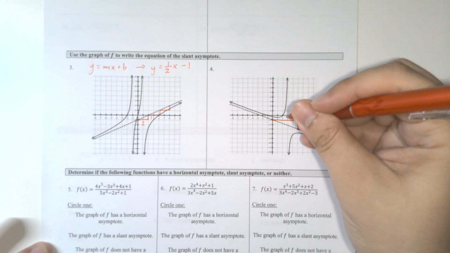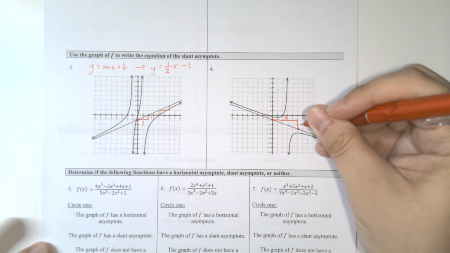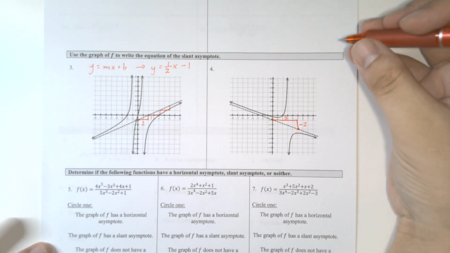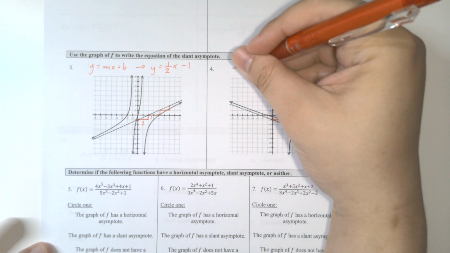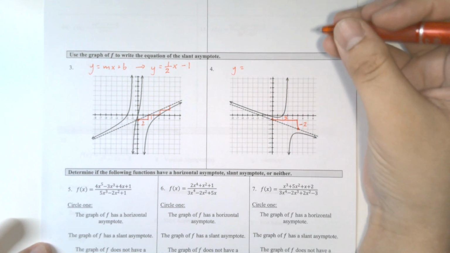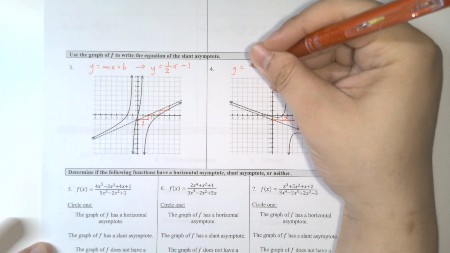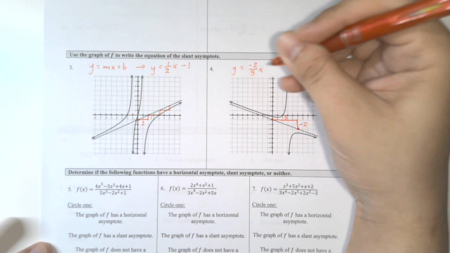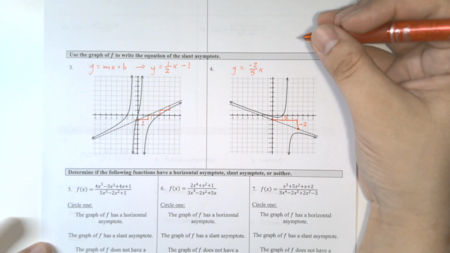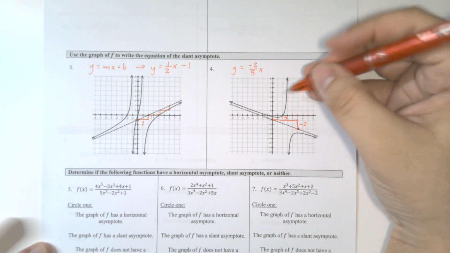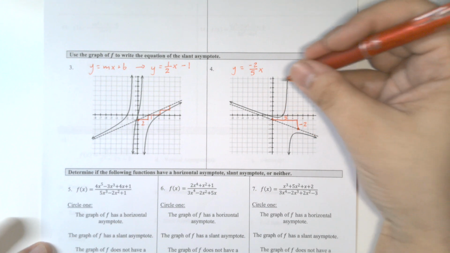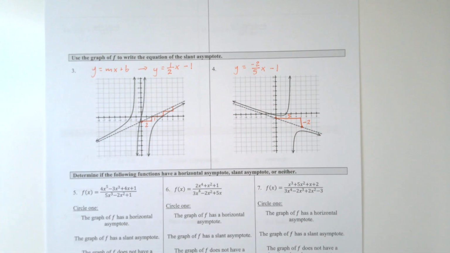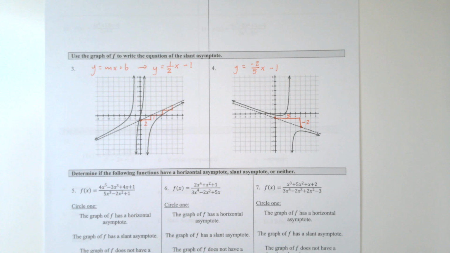So we have a run of 5 and a rise of -2. Since we have a rise of -2, a run of 5, we have a slope of -2 over 5 x. And then because our y-intercept was -1, that is our equation for our slant asymptote.